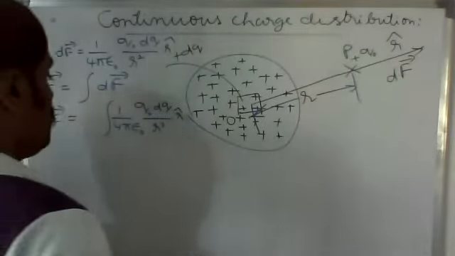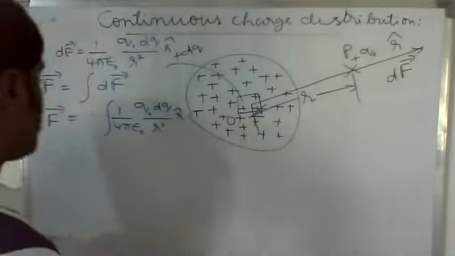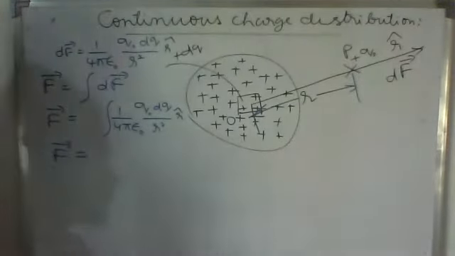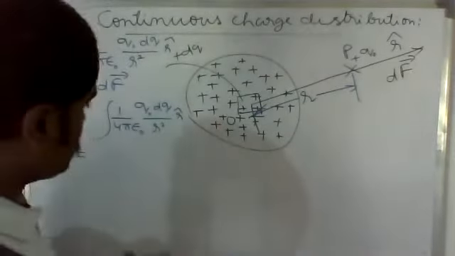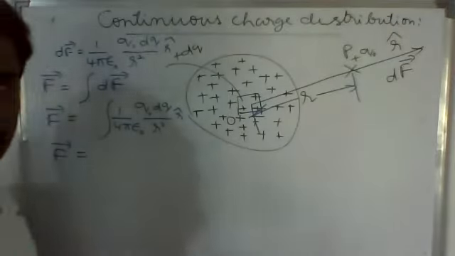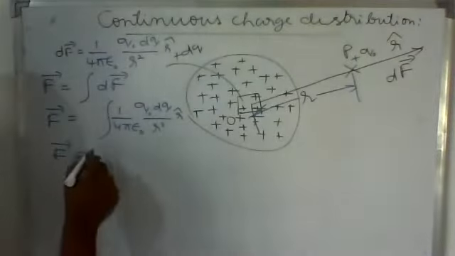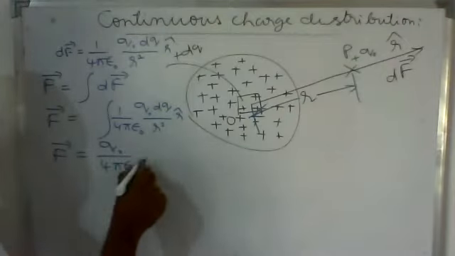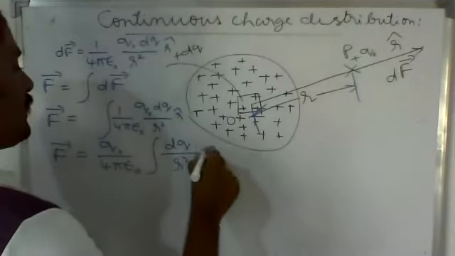Okay, now the constant terms are taken outside. So what are the constant terms? Q naught is constant, 4 pi epsilon naught is constant, dq is variable, r is variable, even r cap is also variable. So Q naught divided by 4 pi epsilon naught is taken as common, integration of dq divided by r square into r cap.